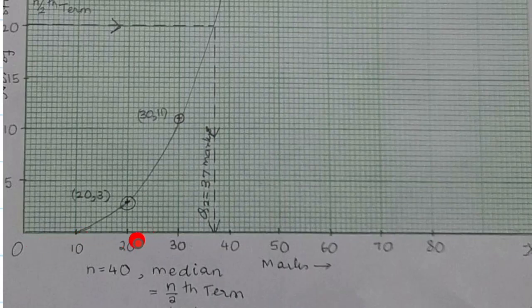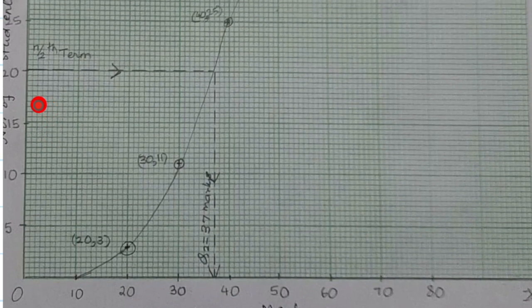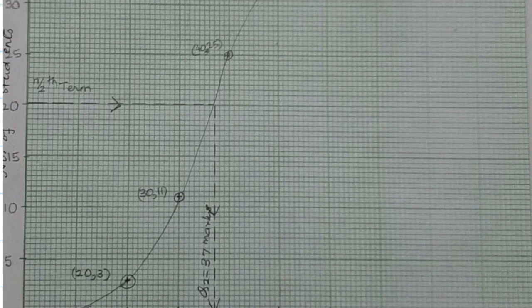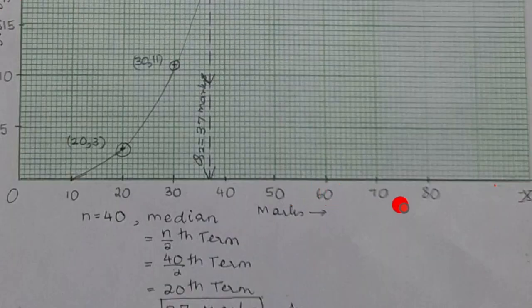So I have marked 10, 20, 30, 40, 50, 60, 70, 80, and along the y-axis it is the number of students, which is the cumulative frequency. This part is gone when I took the picture of it, so sorry about that. And that is what we write over here, cumulative frequency. On the x-axis it will be marks, and we plot the points.